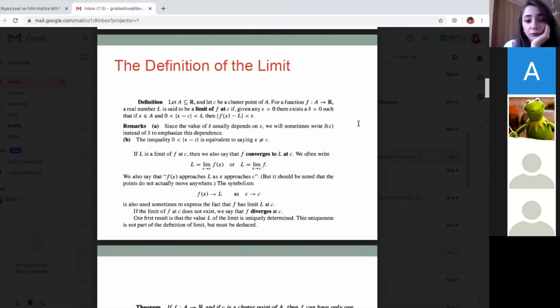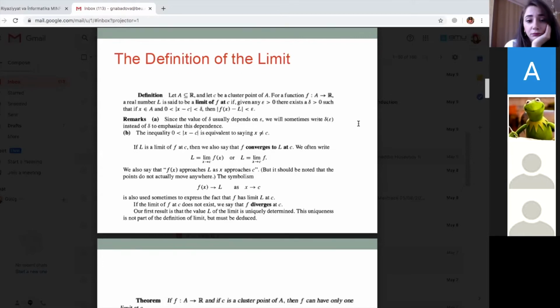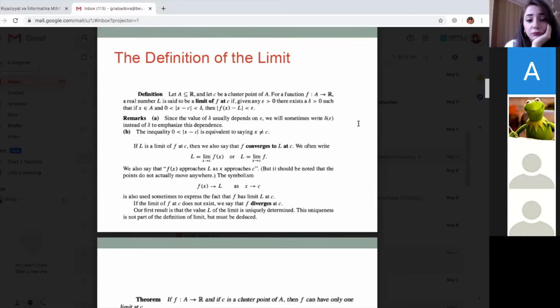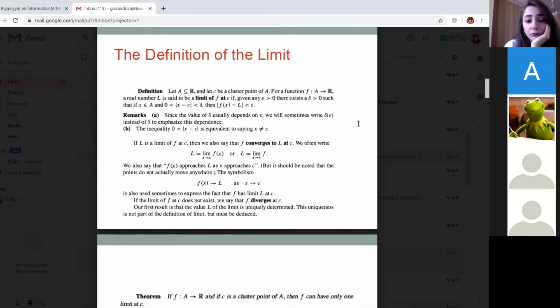This is the definition of limit. And L equals the limit of f(x) as x approaches c, or L equals the limit of f at c.